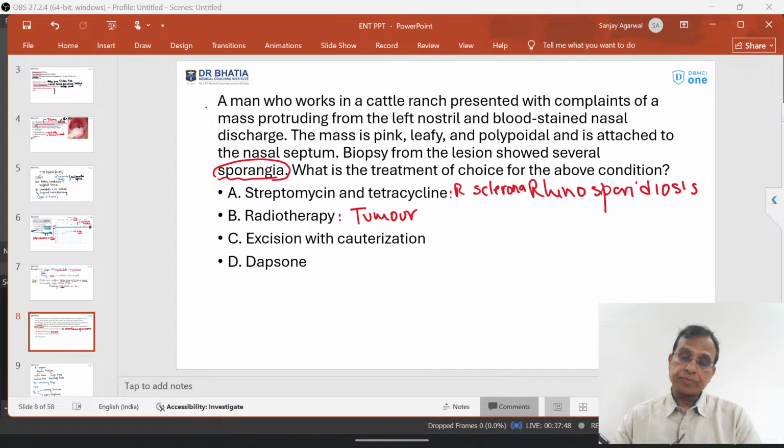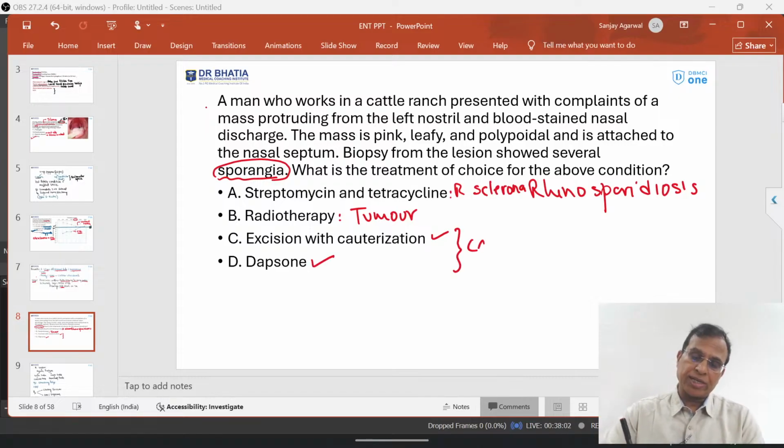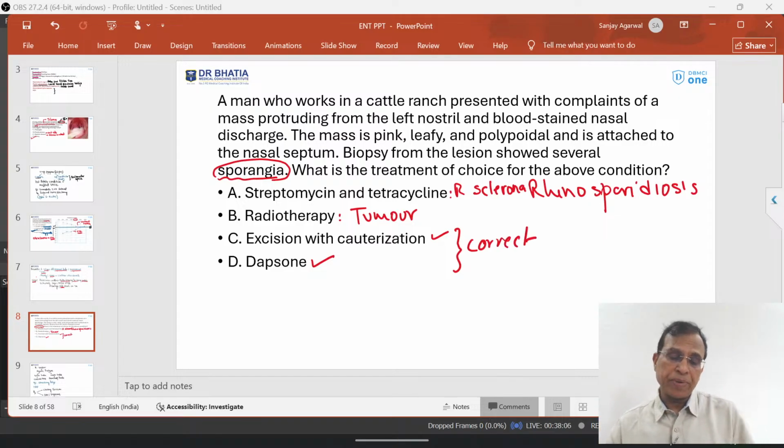And two things that you can do in this patient in rhinosporidiosis, you can excise with the cautery and you can also give dapsone. Now both are correct statements, both are correct answers, ये दोनों करते हैं, ठीक है. Now you have to pick the treatment of choice about the condition. Now dapsone will kill the pathogen, पैथोजन ठीक हो जाएगा लेकिन वो growth खत्म नहीं होता.